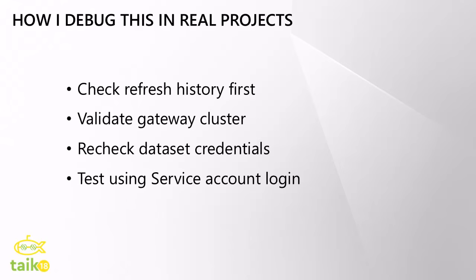These days there is a lot of improvement in the error messages, but if you are not able to understand the error, then I will check for a data gateway issue. First of all, whether the gateway has been properly configured, and then I will recheck the dataset credentials whether they are working fine or not.